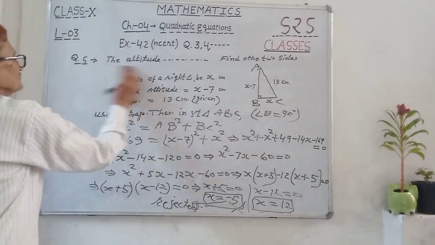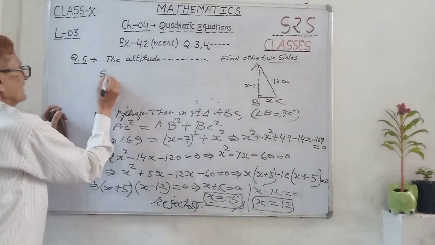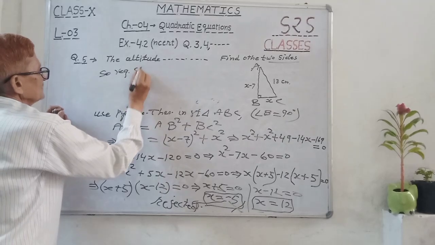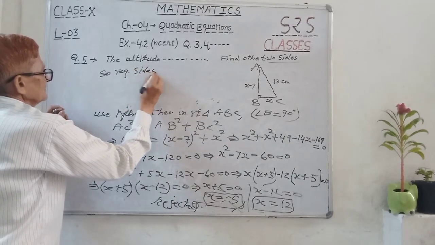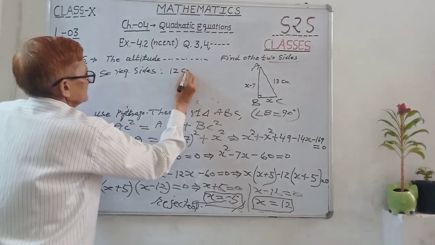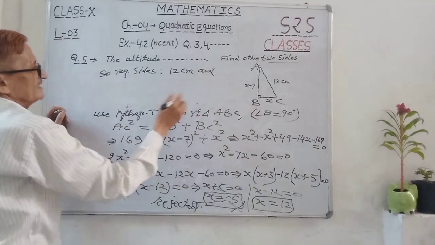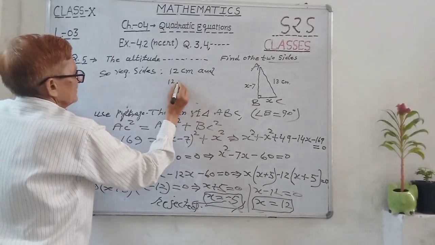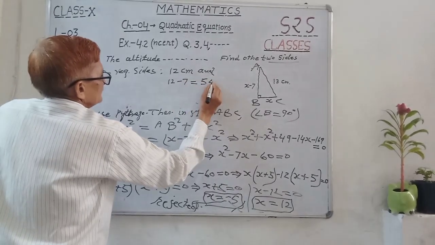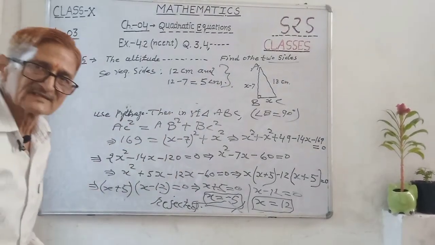So the required sides are 12 centimeter and the altitude is x minus 7, 12 minus 7 is equal to 5 centimeter. These are the answers. Okay, clear this?